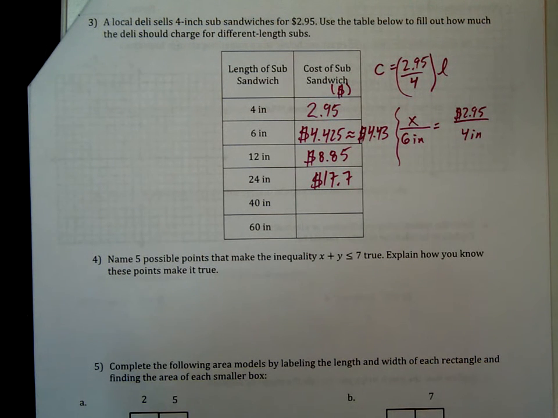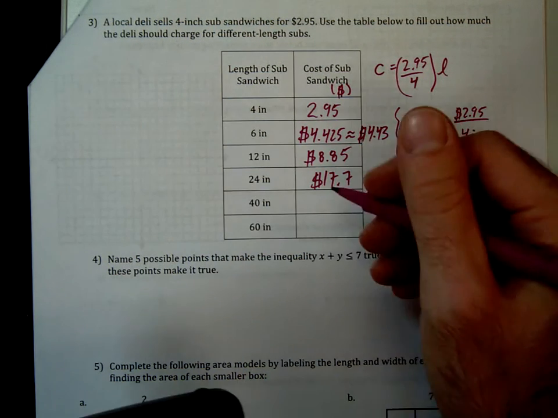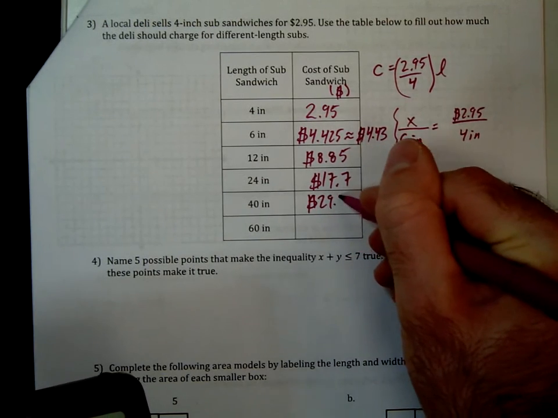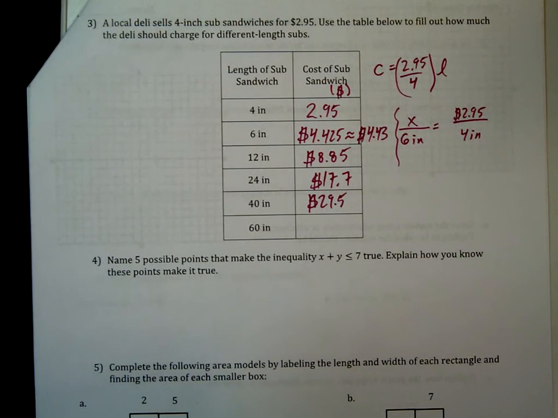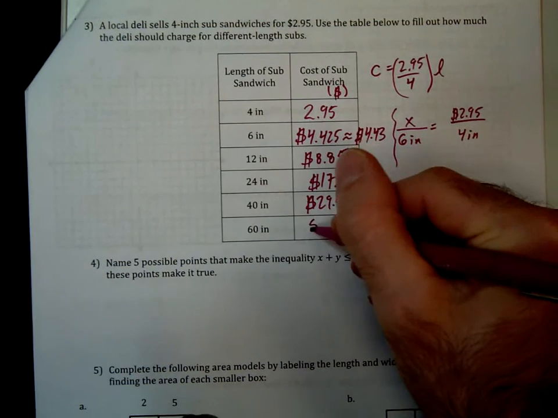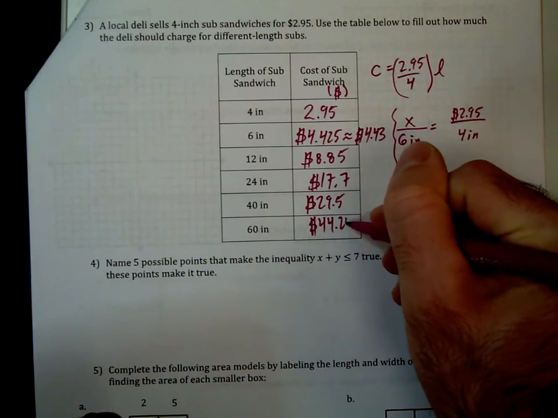So 2.95 divided by 4. Wait a second. I'm just doing a little calculator work right now. This is 29 and a half. And this is 60. All right.